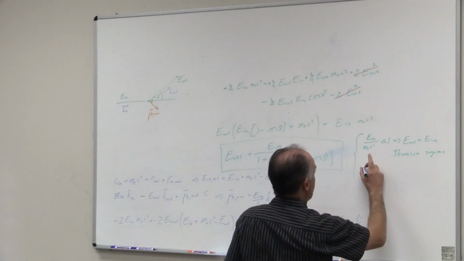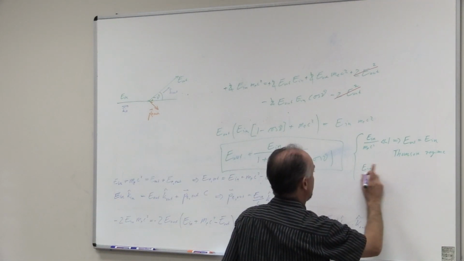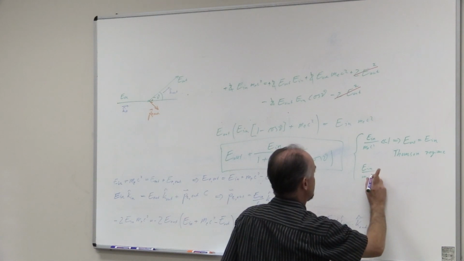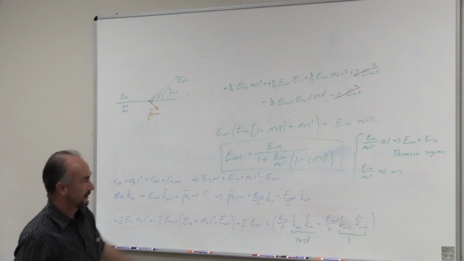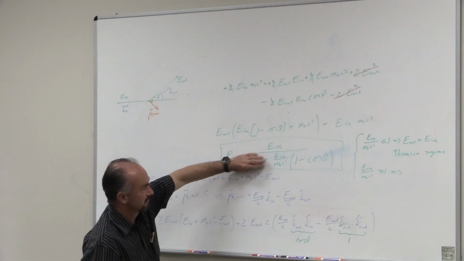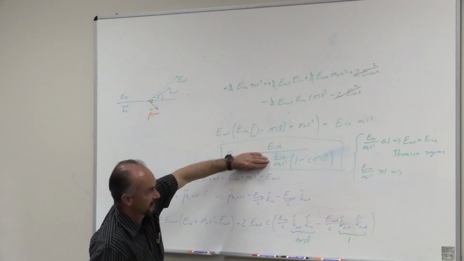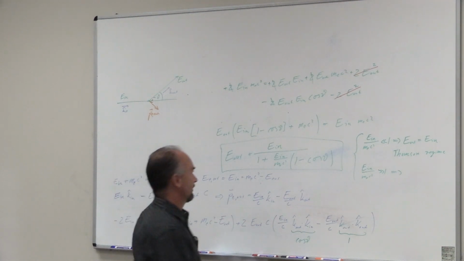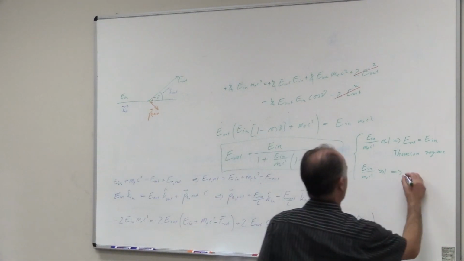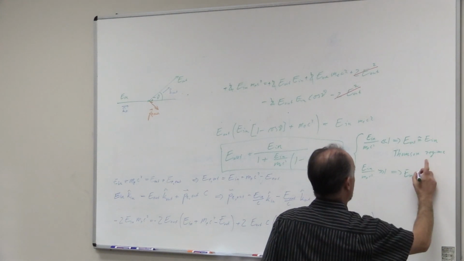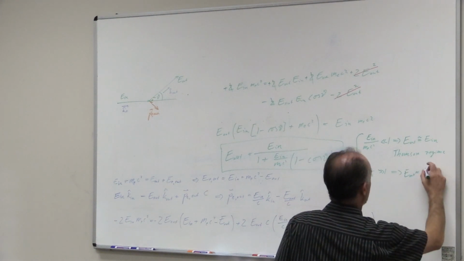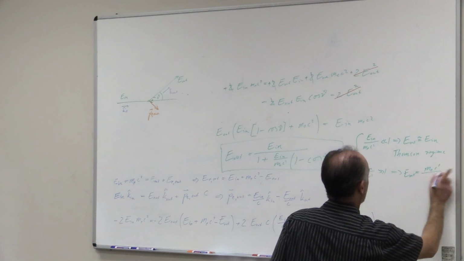Now if E in over mec squared is much larger than 1, then the 1 essentially is negligible, and then we have the outgoing energy is approximately mec squared over.